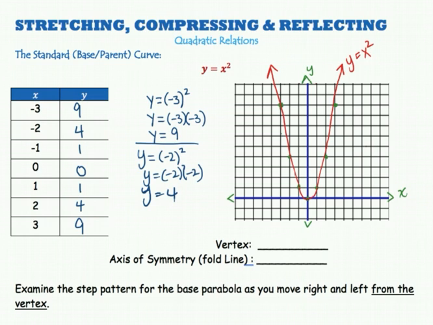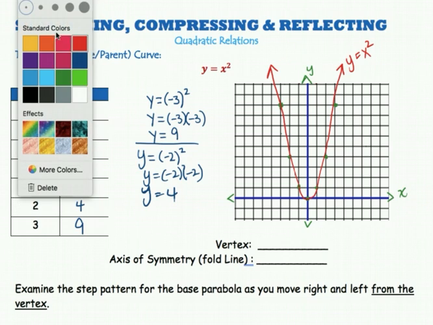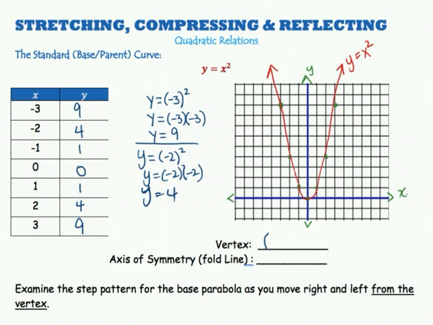From there, you need to fill in the vertex and the axis of symmetry. Even if I say axis of symmetry, I mean the equation, so always write that. You can see that the vertex is at 0, 0. There it is right here. And then the axis of symmetry is x equals 0.